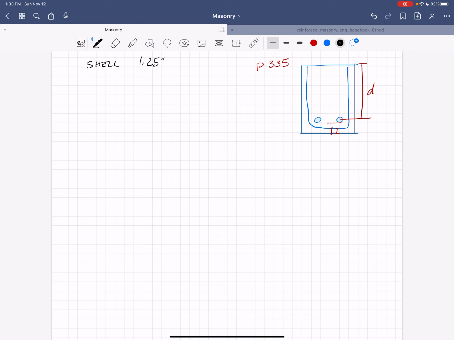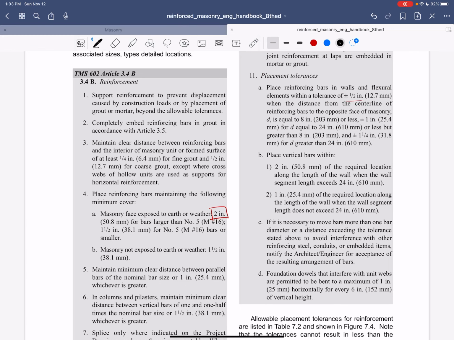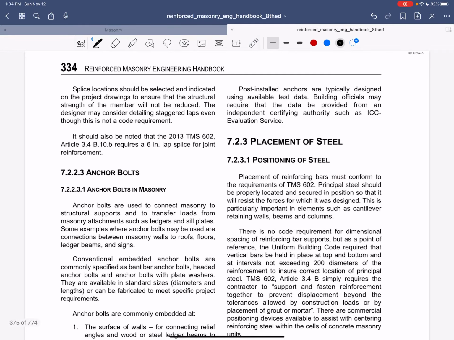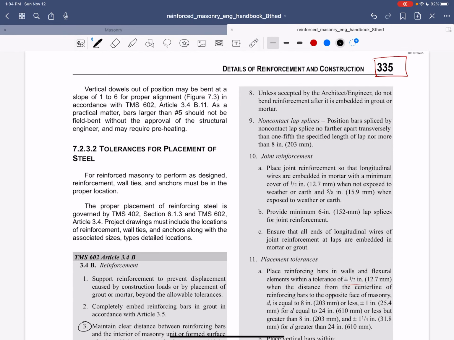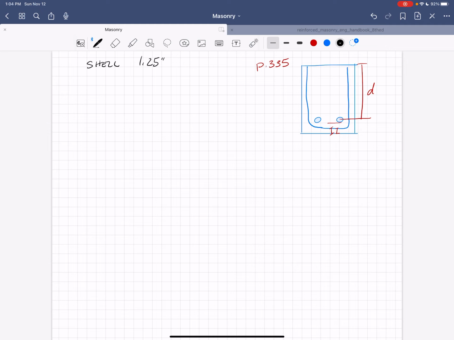And then there is a piece that tells us for coarse grout, maintain a clear distance of at least 1/2 inch between the interior of the masonry unit and the bar itself. So this is telling me that between the bar and the interior face for coarse grout, I need to have 1/2 inch.